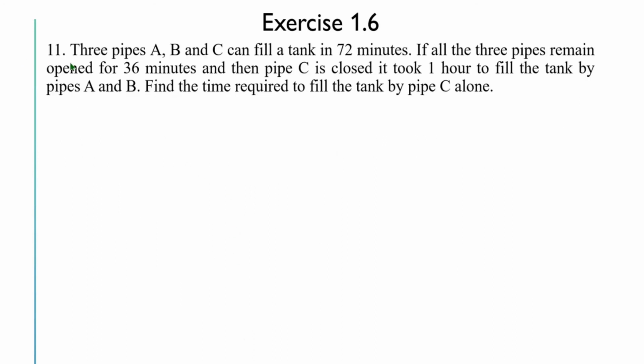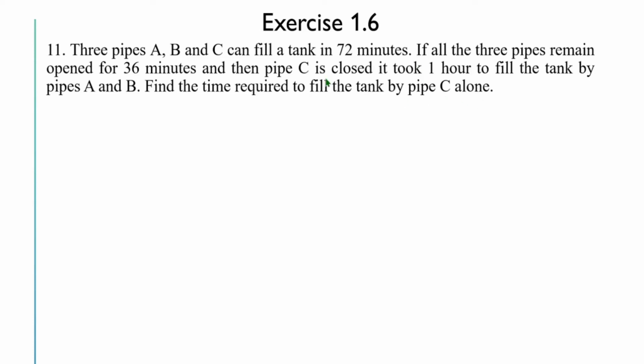Next question. 3 pipes A, B and C can fill a tank in 72 minutes. If all the 3 pipes remain opened for 36 minutes and then pipe C is closed, it took 1 hour to fill the tank by pipes A and B. Find the time required to fill the tank by pipe C alone.